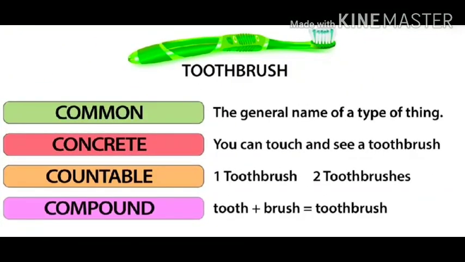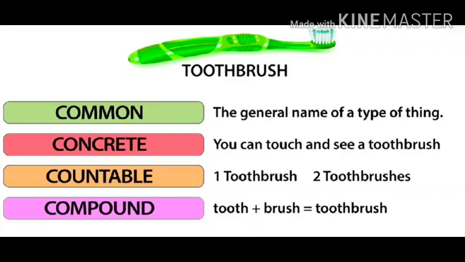And before that you have to know one thing, that a noun can belong to more than one type. Here is the example of the noun toothbrush. First, toothbrush is a common noun because it's the general name of a type or thing, and it can be a concrete noun because you can touch and see the toothbrush.